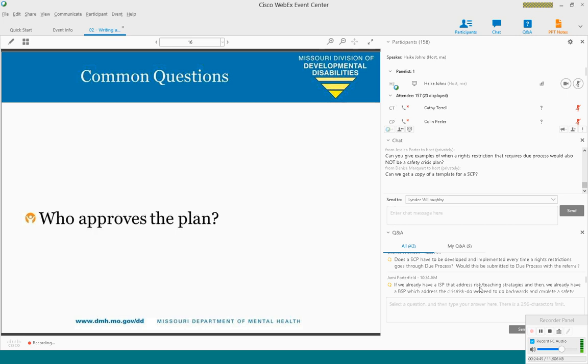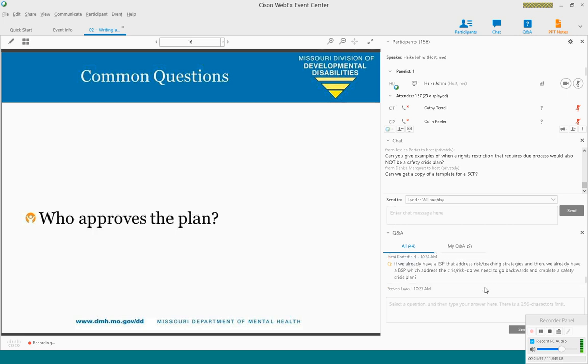Another question says, if we already have an individual support plan that addresses risk and teaching strategies, and then we already have a behavior support plan which addresses the crisis risk, do we need to go backwards and complete a safety crisis plan? Okay, so that's a good question. I'm reading that question to say that the behavior support plan is only talking about how to deal with risky behaviors.